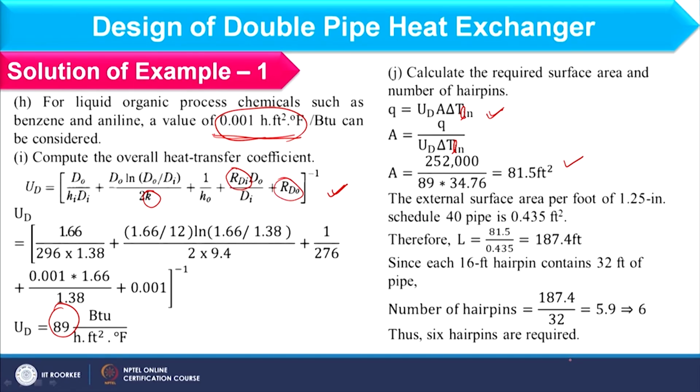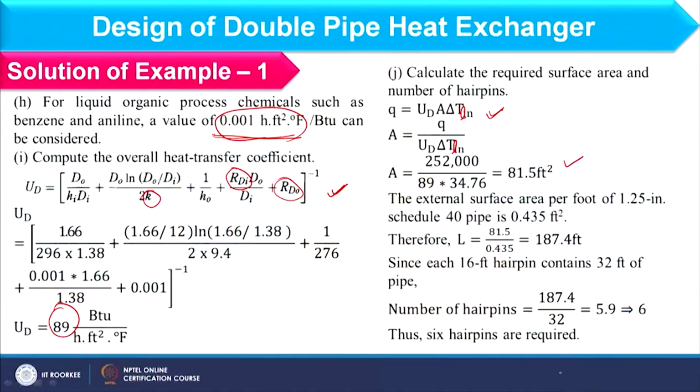And next, we have to find the overall length of the exchanger, because we have to calculate the number of hairpins, and one side of a hairpin is 16 feet. So, we will first calculate the overall length, and then we will find the number of hairpins by dividing that value by the length of one hairpin.